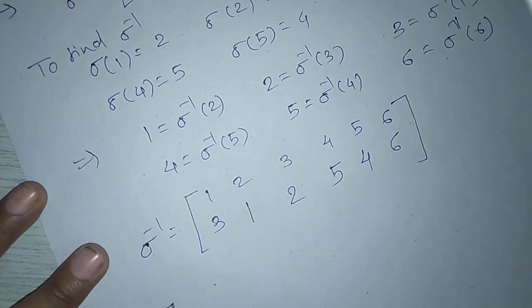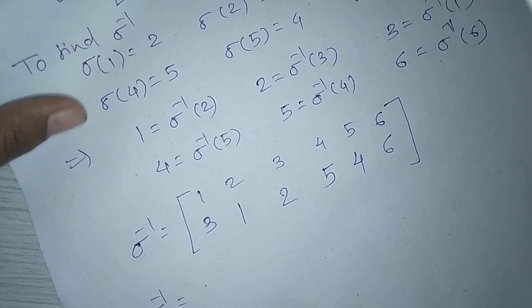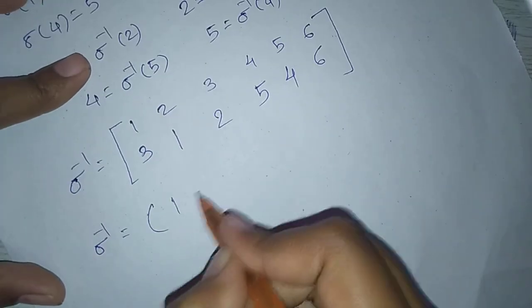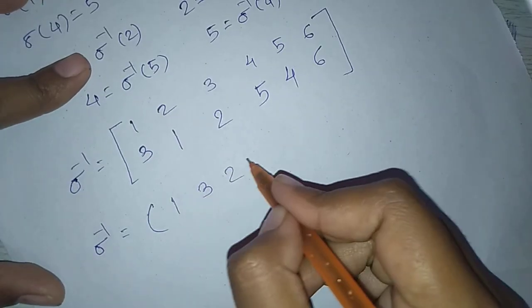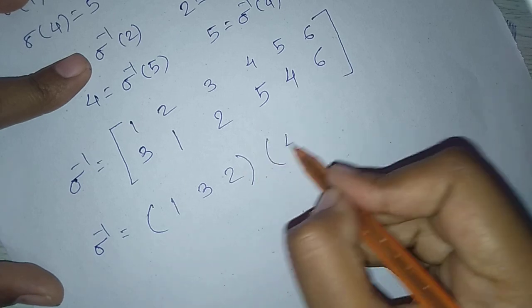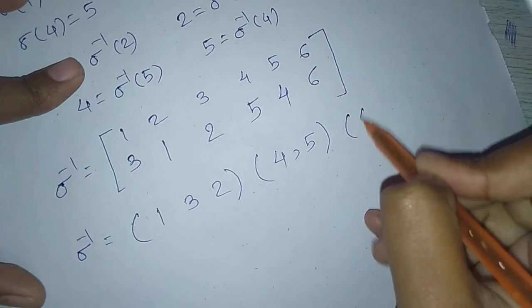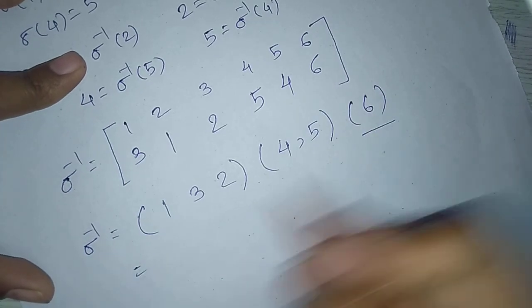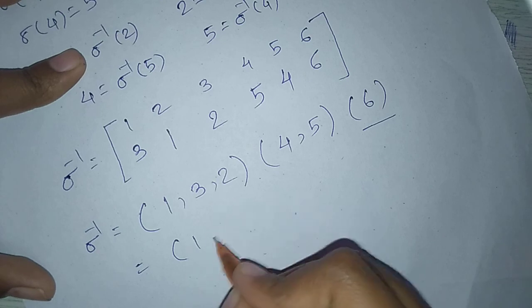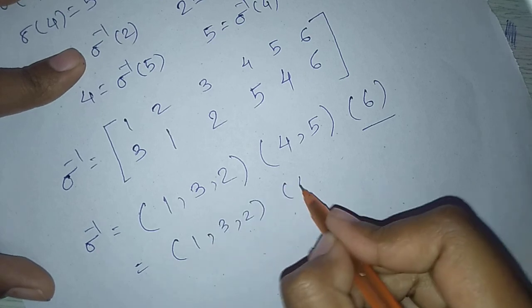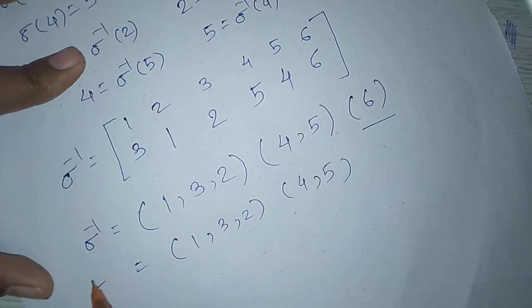Now write sigma inverse as a product of disjoint cycles. 1 goes to 3, 3 goes to 2, 2 goes to 1, so stop here. 4 goes to 5, 5 goes to 4, stop here, and 6 goes to 6, which we omit. So (1 3 2)(4 5).